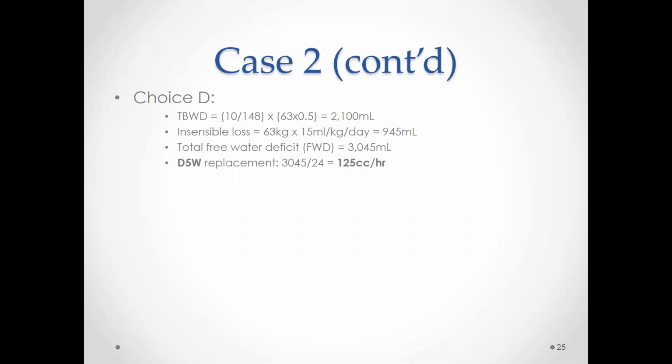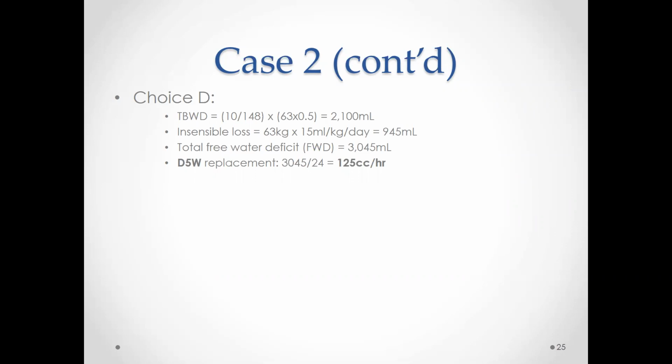And for the insensible loss here, it's something we don't calculate often, something we can forget sometimes. And even the calculator on MDCalc does not necessarily take this into account.